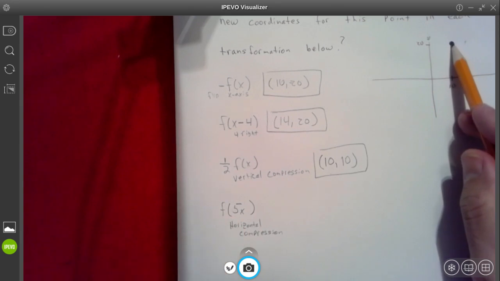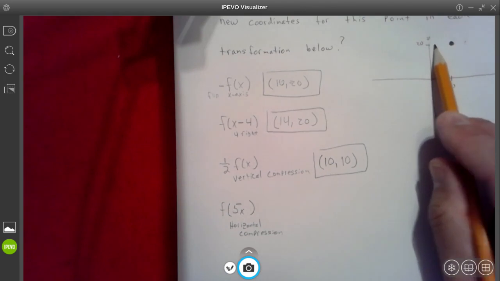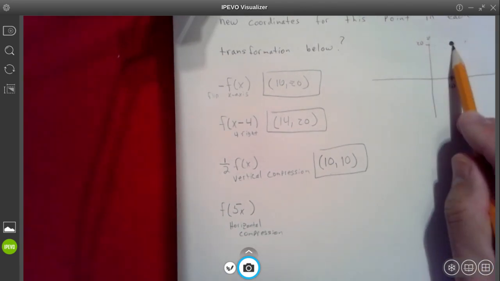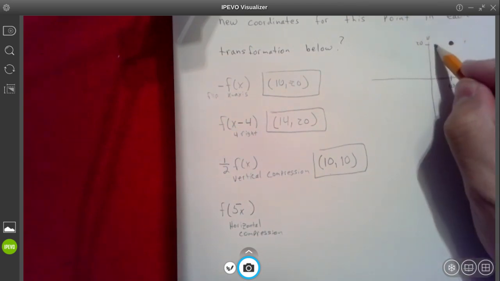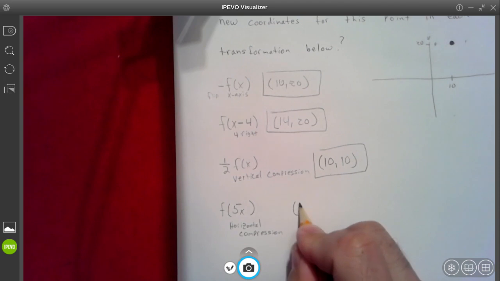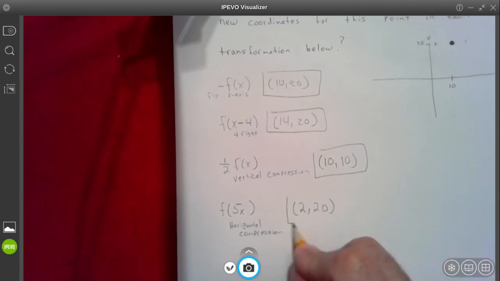All right. It's going to get sucked in by a factor of 5, so it's going to land about right there. Its distance is going to be 1/5 from what it used to be. So my 10 is going to change to a 2, and my 20 is going to remain the same. Okay, there you go.